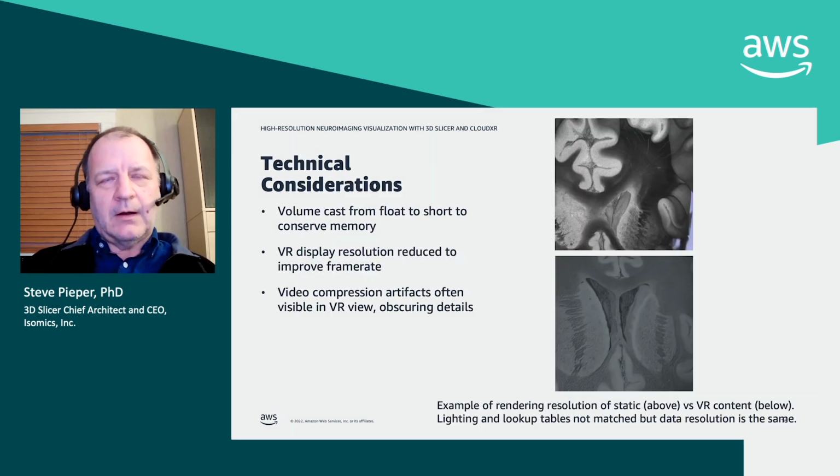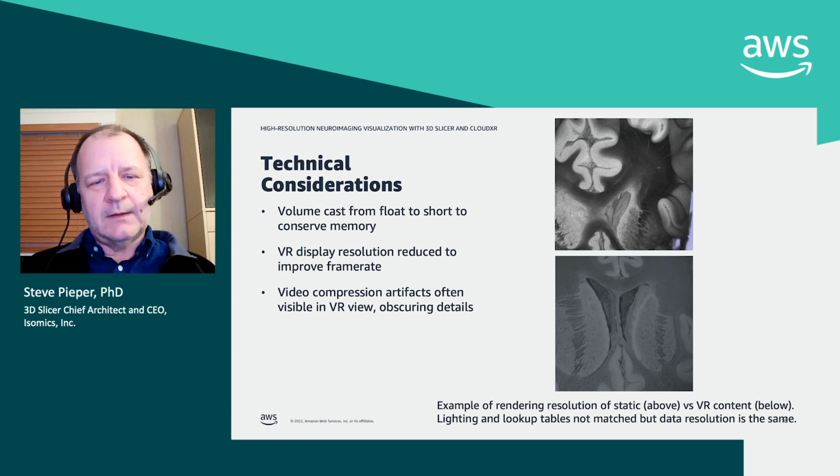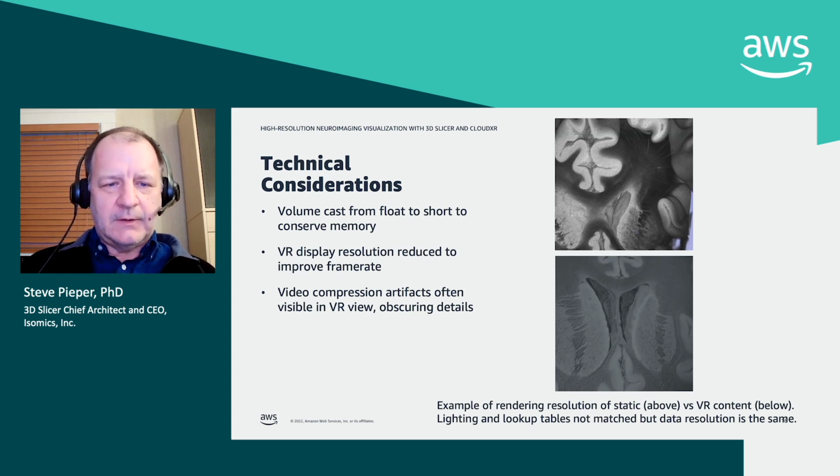I would say there are some considerations to keep in mind. The original data set was in 32-bit floating point, and that was just a little too big for that graphics card. So we cut it down to 16-bit short integer, and that allowed a lot of things to work a lot better.